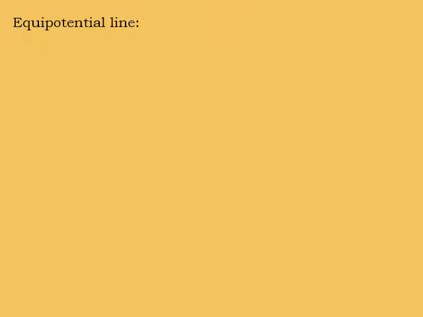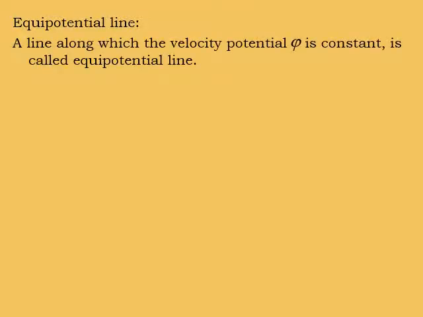So move on to the next term connected to fluid kinematics, that is the equipotential line. A line along which the velocity potential is constant is called an equipotential line. So that is, φ is equal to constant.